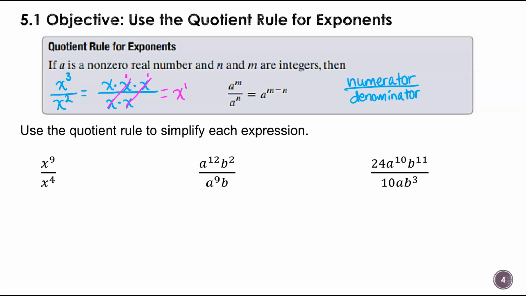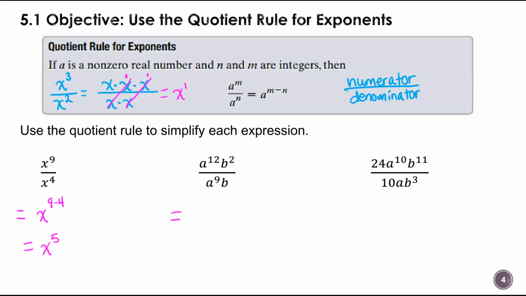Okay, so on the next one we have x to the 9th divided by x to the 4th. So that's going to be 9 minus 4, which leaves me with x to the 5th power. And on the next one I have a's and b's, so I can combine the a's and the b's so that I just have 2 terms left.